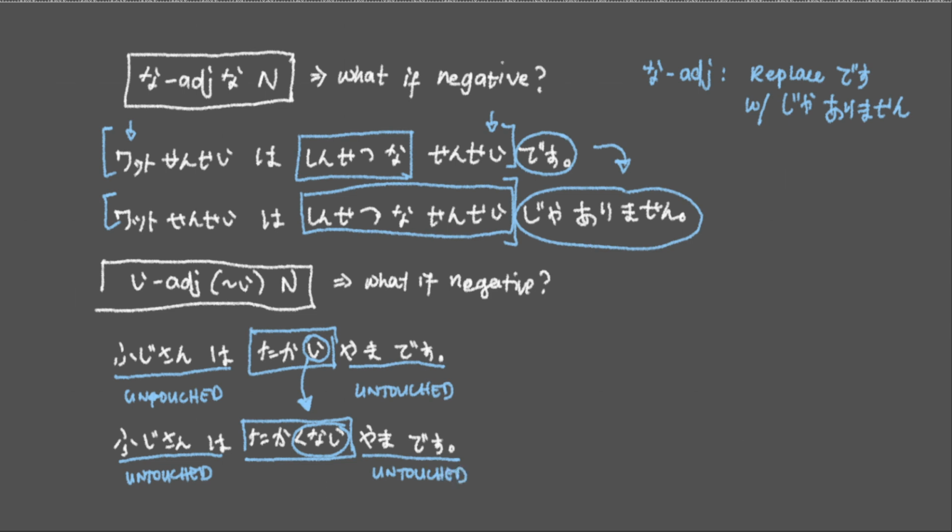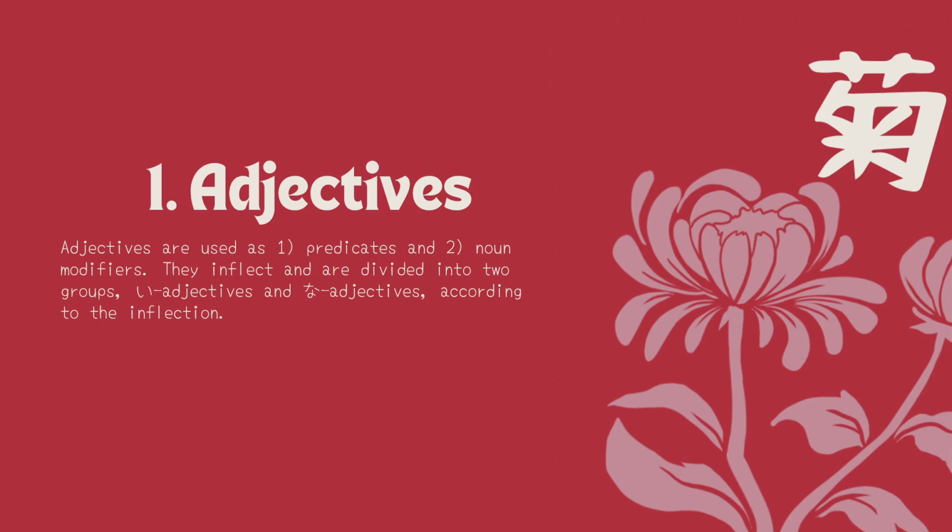Yes. Those are the adjectives that we discussed. So let me go back to our previous ones. Adjectives are used as either predicates or noun modifiers. They inflect and are divided into two groups, e adjectives and na adjectives, according to inflection.